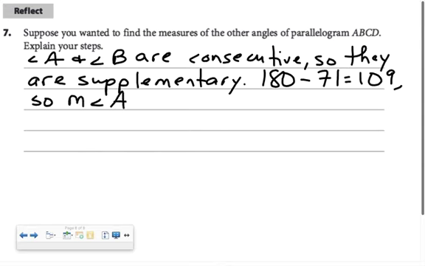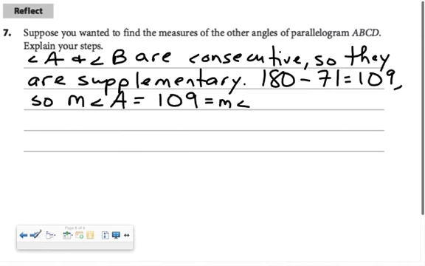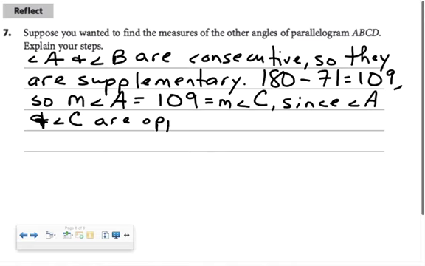So the measure of angle A would equal 109. That would also equal the measure of angle C, since angle A and angle C are opposite angles. And therefore, they are congruent.